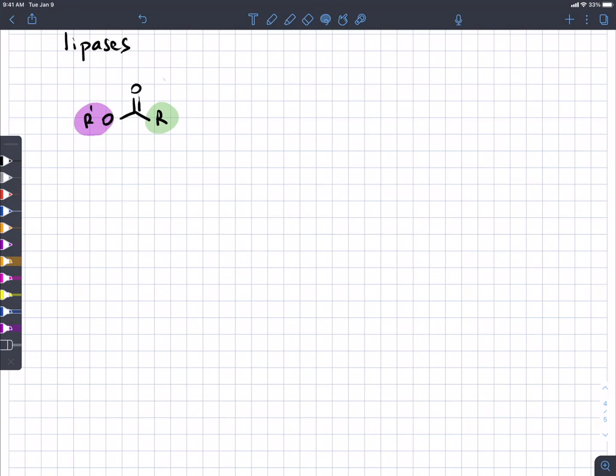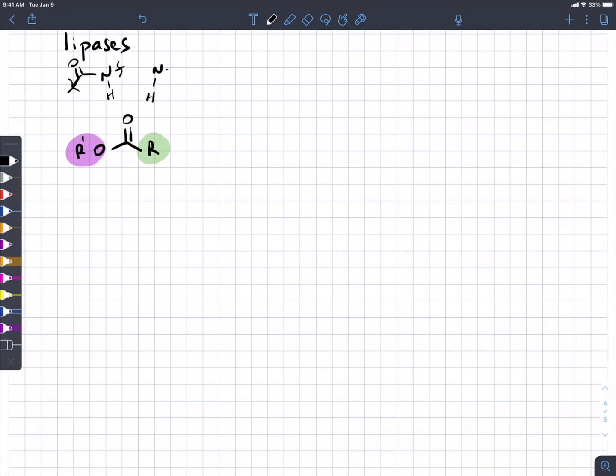Lipases have a spot into which the carbonyl oxygen packs. And this spot is lined with hydrogen bond donating groups. They happen to be amide protons from some of the amino acids in the protein, but their specific identity isn't important. But this creates a little pocket that the carbonyl oxygen can hydrogen bond with.